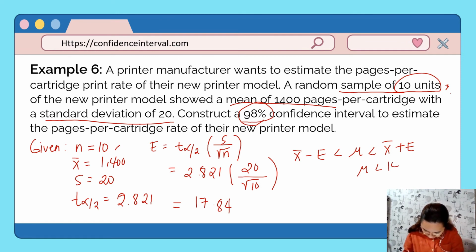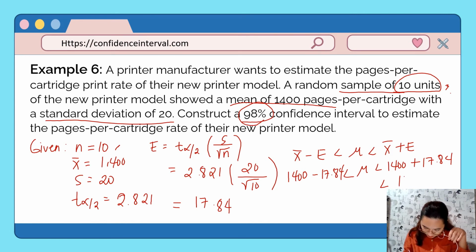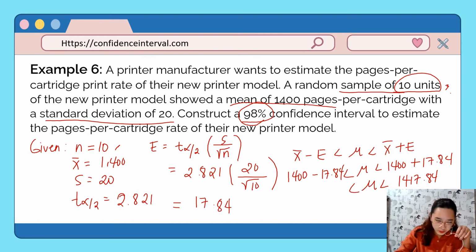We have 1,400 plus 17.84. And the lower limit is 1,400 minus 17.84. Of course, ang ating upper limit is 1,417.84, while yung ating lower limit naman po ay 1,382.16.